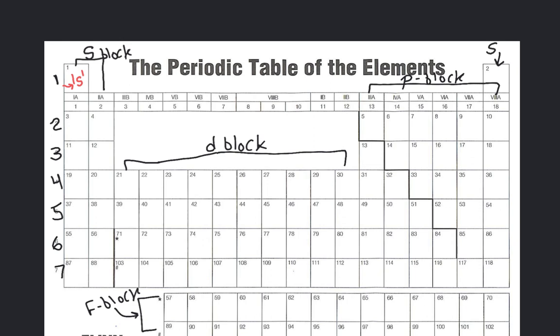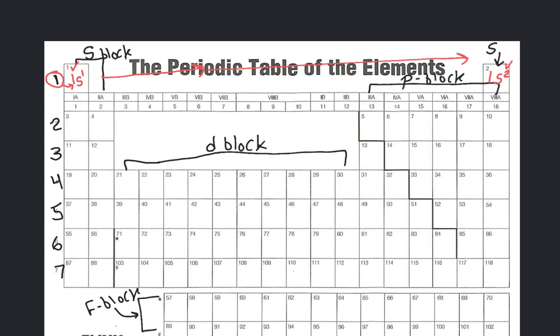We go over here to the right, we're going to move left to right like a book. So we're going to end up straight across. So over here we're in energy level number 1 because we're still in row number 1. And we're in the S block, but we're the second element in now. Element number 1, element number 2, so 1S2.